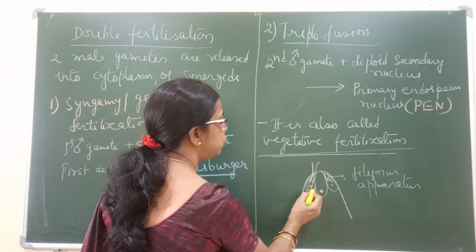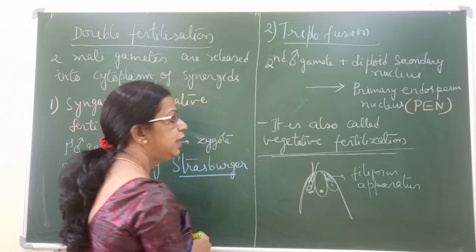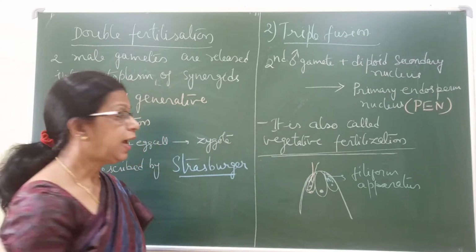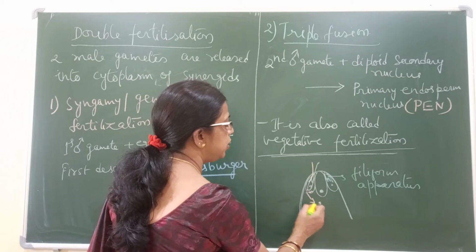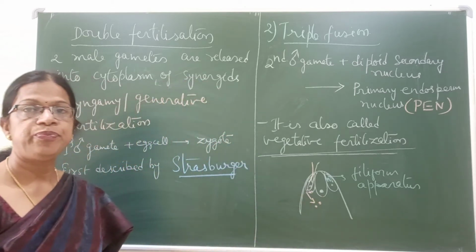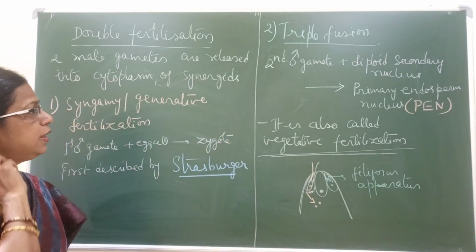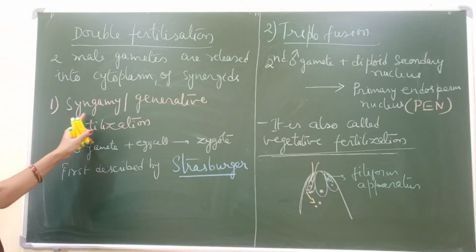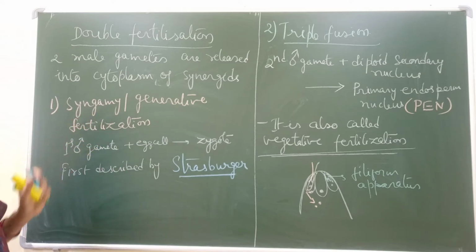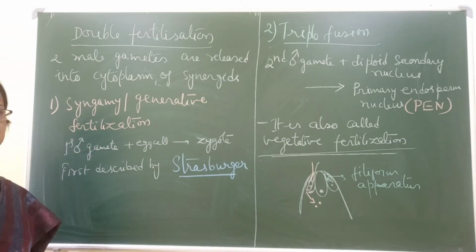So here the two male gametes will be released, then the synergid breaks, and then the male gametes enter into the embryo sac. And after entering into the embryo sac, two processes occur. The first process is called syngamy, or generative fertilization.